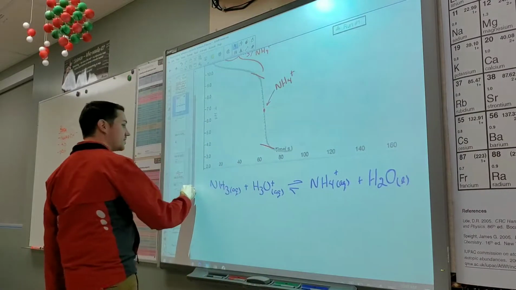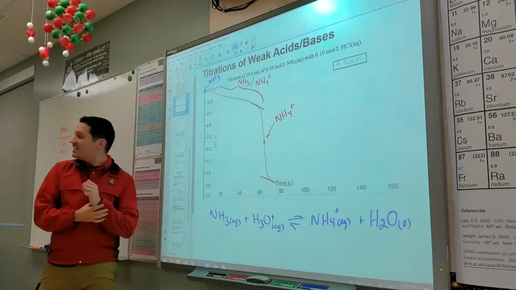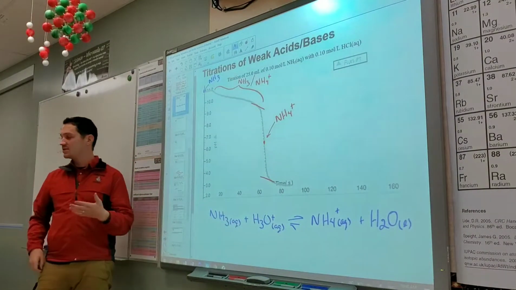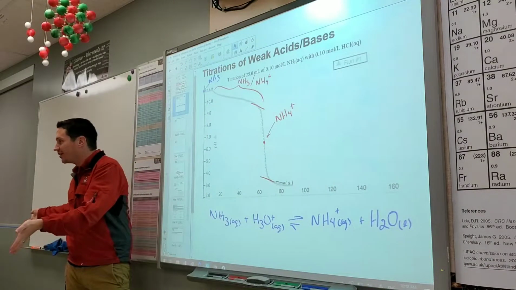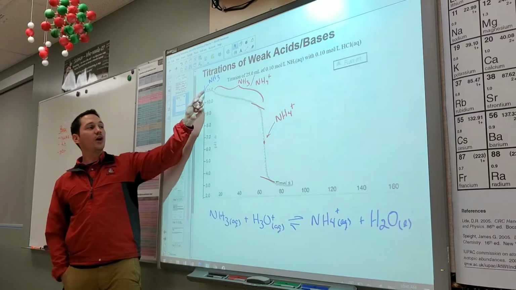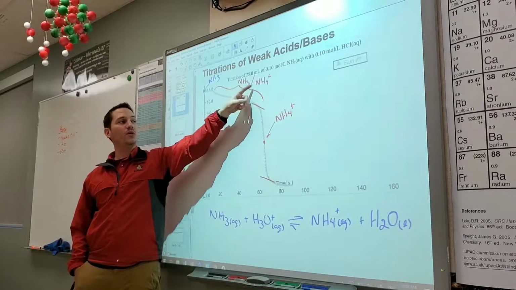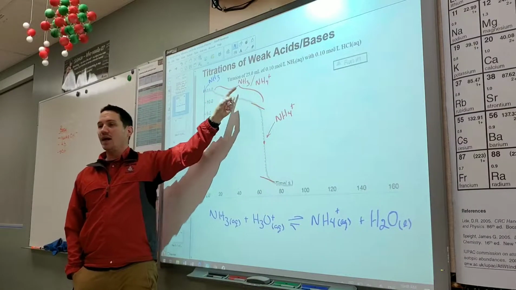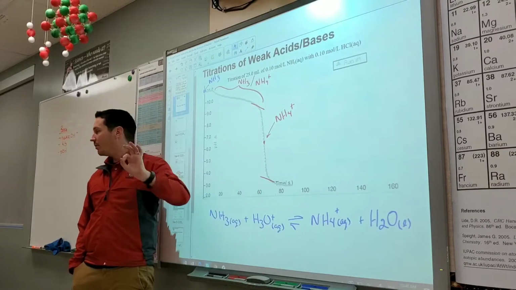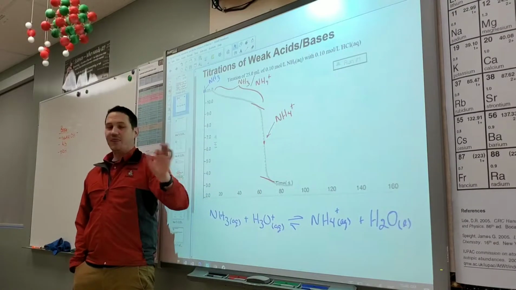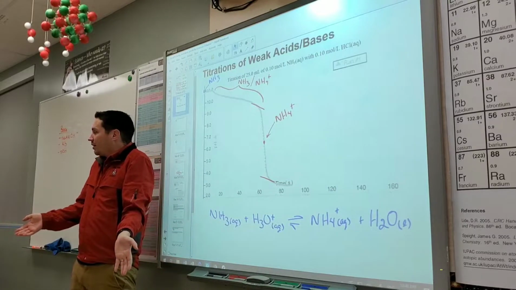Let's take a look at this curve, and let's see if this sequence of events makes sense. Does it make sense that we only have ammonia, what we started with at the beginning? Yes. And then slowly we're turning some of the ammonia into ammonium, and at some point we have just ammonium. But then what do we keep on doing?